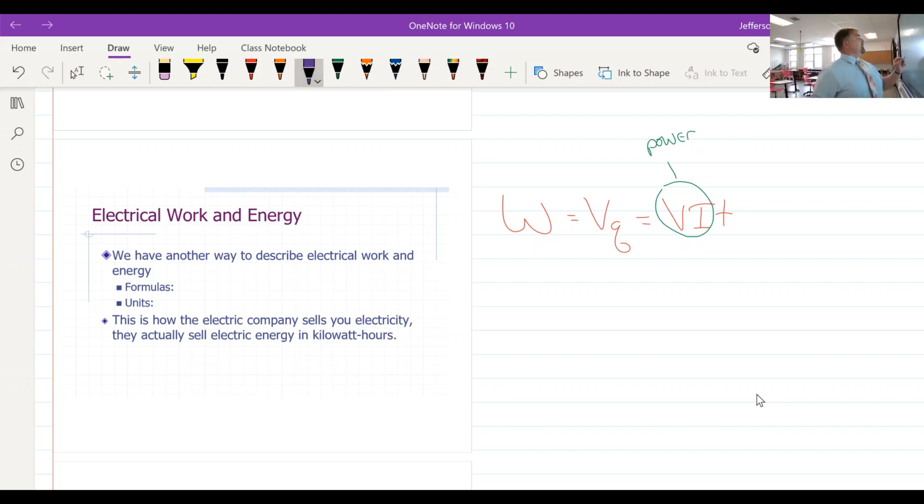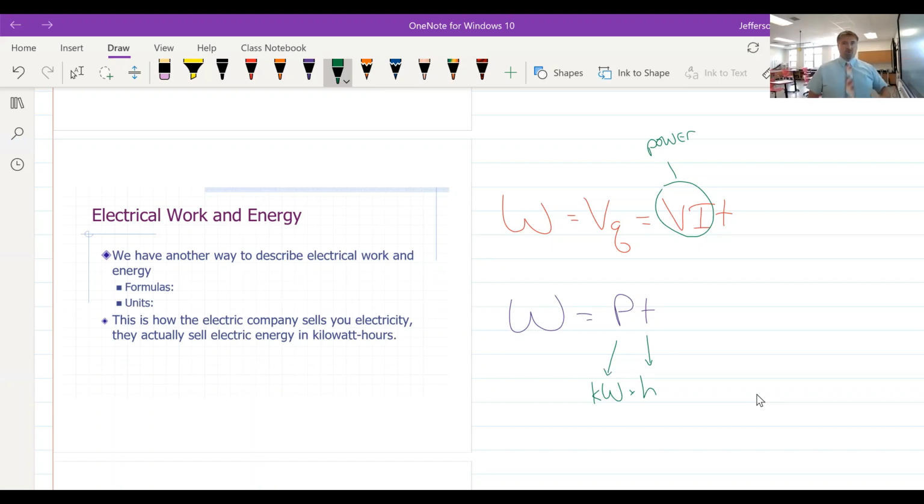But you can talk about your electrical energy as being the power times the time. And this is actually how your electric company will sell you electrical energy. If you ever get a chance to look at your parents' electric bill, your electrical energy is measured in kilowatt hours, so my unit of power and my unit of time.